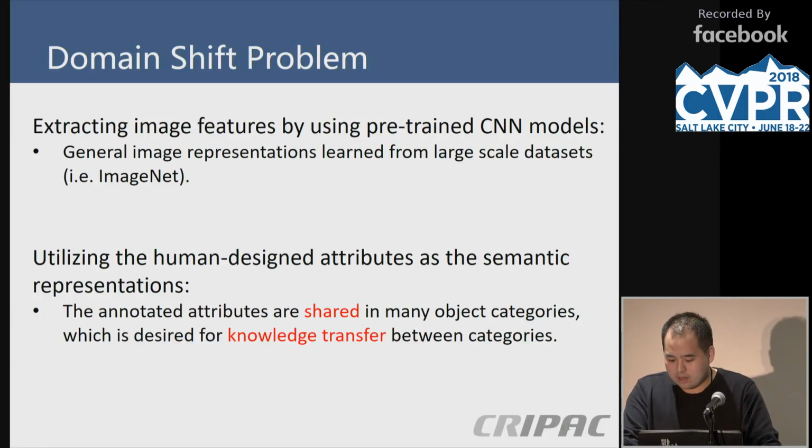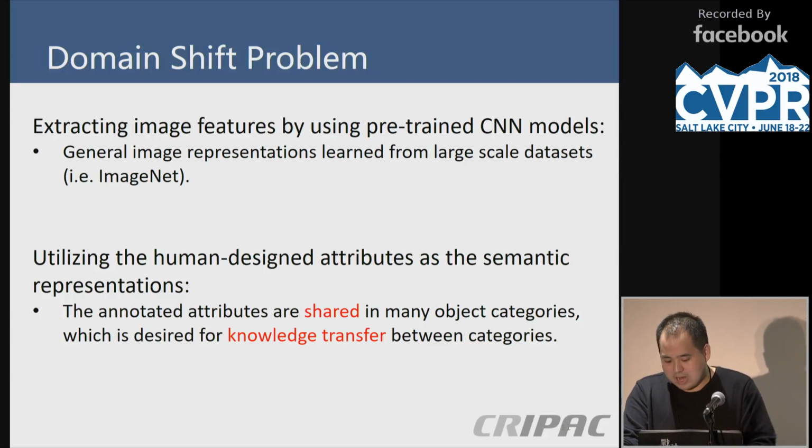And for the visual space, image features are typically extracted by using pre-trained scene models, aiming to obtain general image representations. For the semantic space, human designed attributes are defined as semantic representations.